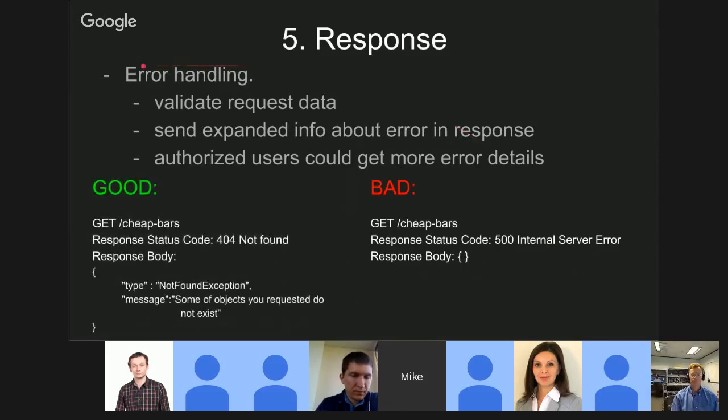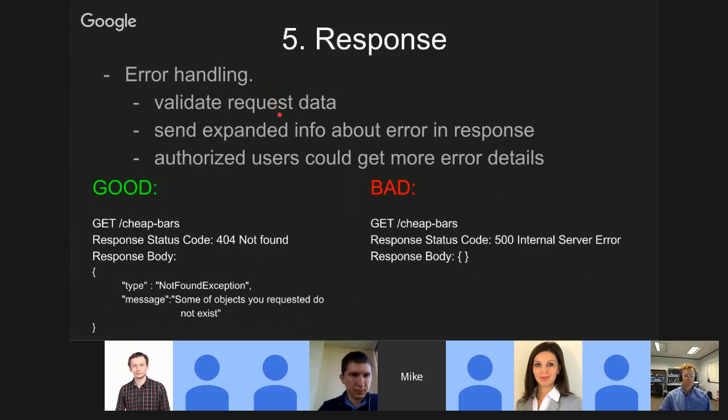Response. Error handling. Error handling is also quite an important part of API building, because every API call potentially could return an error. For example, the client could make a wrong request, send wrong parameters, or may not have an authorization token. There are a lot of situations that could return an error.